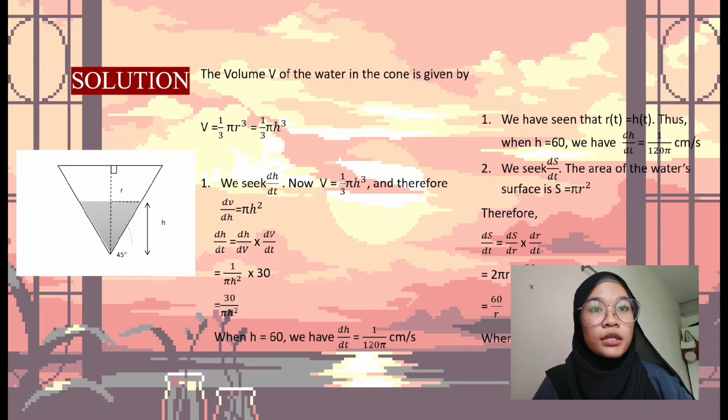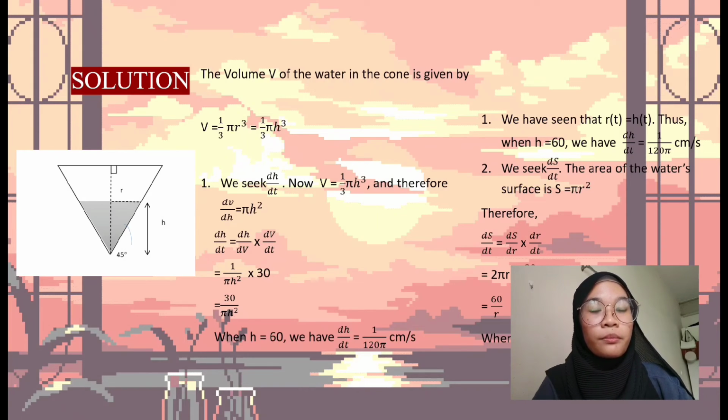Now, V = 1/3 πh³, and therefore dV/dh = πh². dh/dt = dh/dV multiplied by dV/dt. So it's equal to 1/(πh²) multiplied by 30. So the answer here we can get is 30/(πh²).